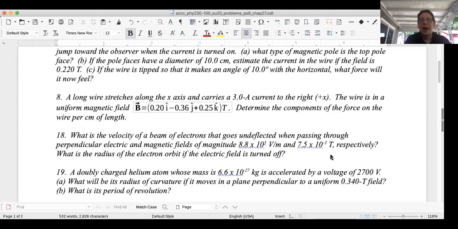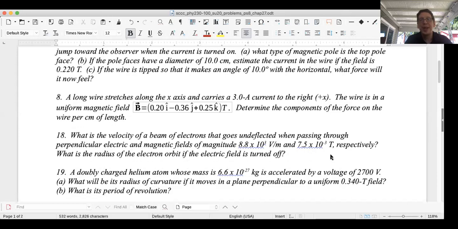So we have the beam of electrons, and so you know what q is. You're asked to solve for v. Remember, the electric and magnetic fields are perpendicular to each other, and the net force equals 0. So the electric force is equal and opposite to the magnetic force.